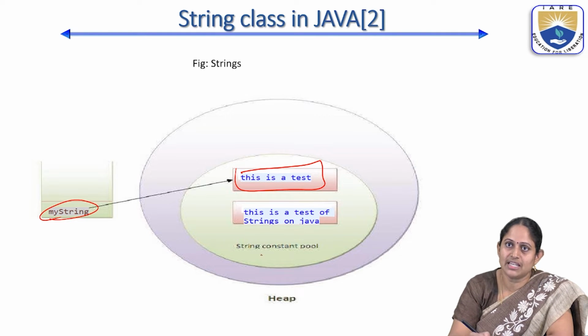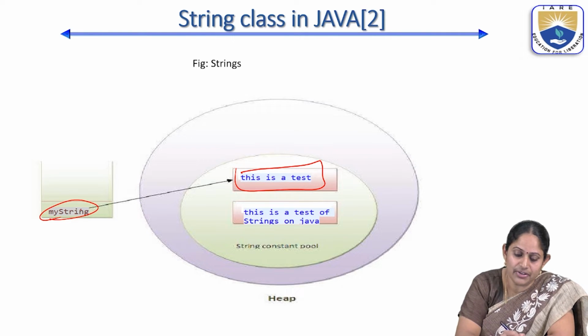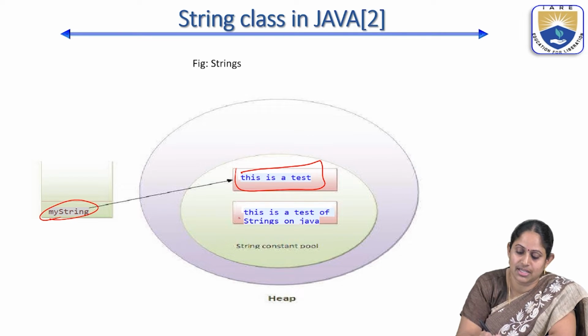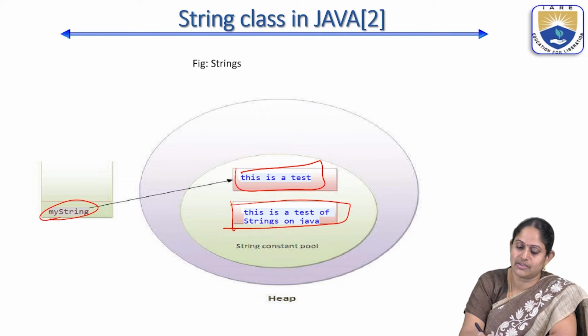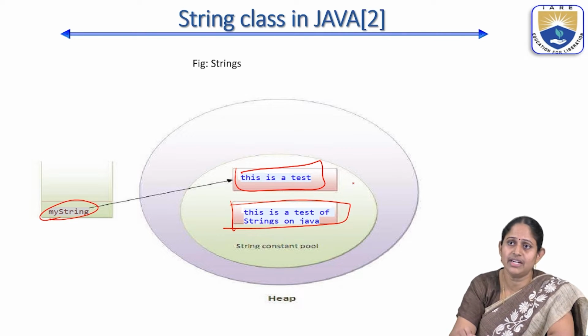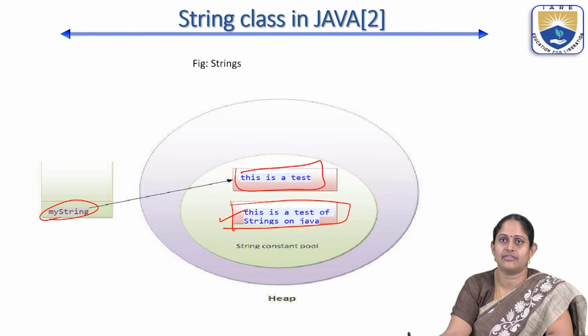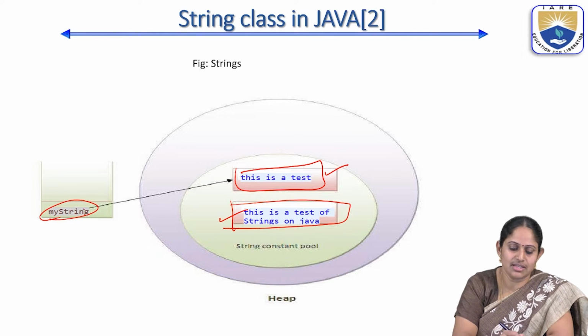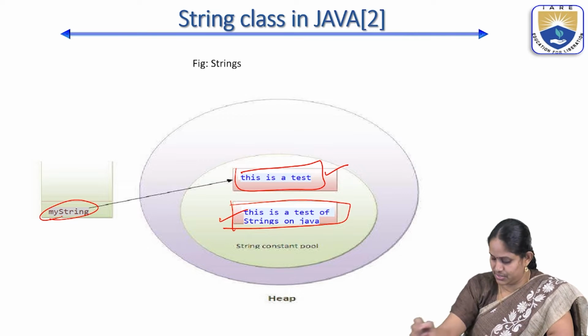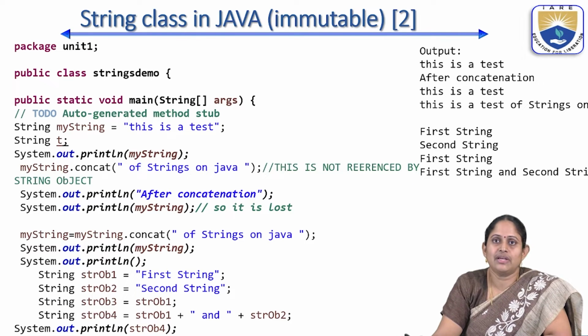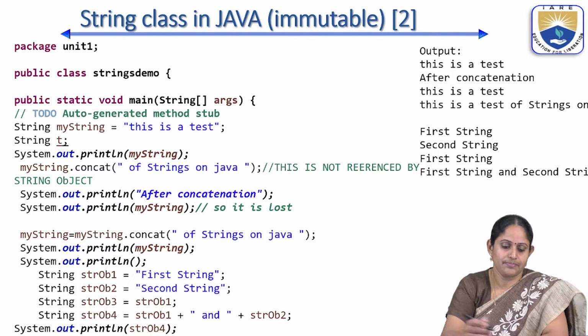When we create a new string, if we don't create any reference to it, then it will lie like this. Here we have "This is a test of strings in Java", a different string altogether. This one doesn't have any reference to it, and the first string has the reference with myString. So let's look into an example of strings.